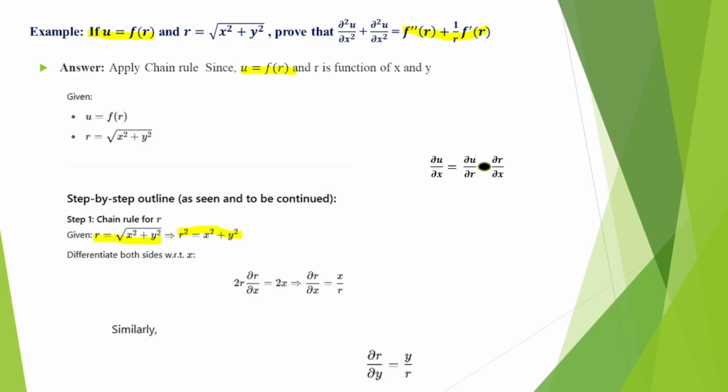The derivative of r square is 2r into dabba r by dabba x because here r is our dependent variable, and the derivative of x square is 2x only because x is our independent variable. The derivative of y square is 0 because here y is constant. Therefore dabba r by dabba x is x by r. Similarly dabba r by dabba y is y by r.